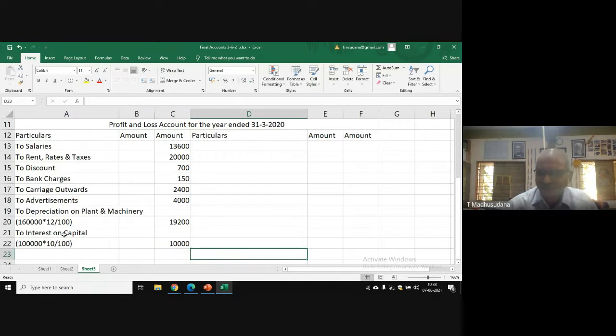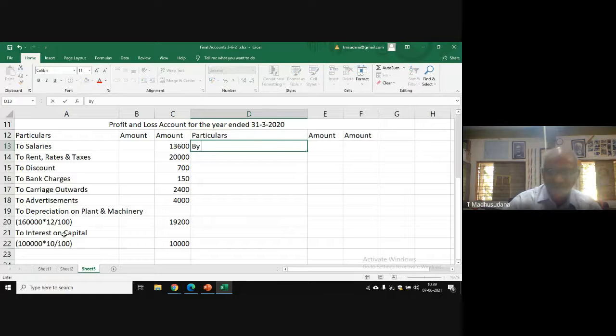Next, credit side. Any indirect income or indirect profit appears on the credit side of the profit and loss account. First, what is to be shown on the credit side? We have to show gross profit.